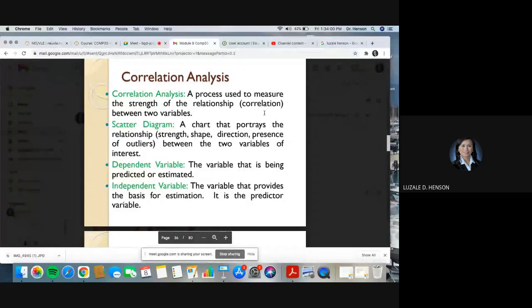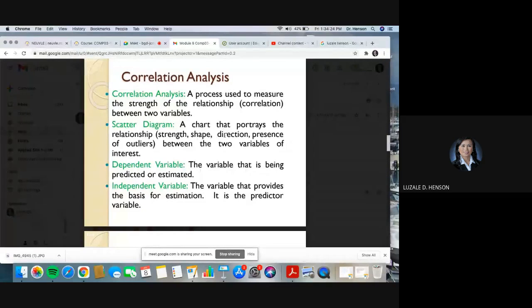Correlation analysis is the process used to measure the strength of the relationship. There is a relationship that is weak, moderately strong, strong, very strong, between two variables. A scatter diagram is an illustration of the strength of the relationship.